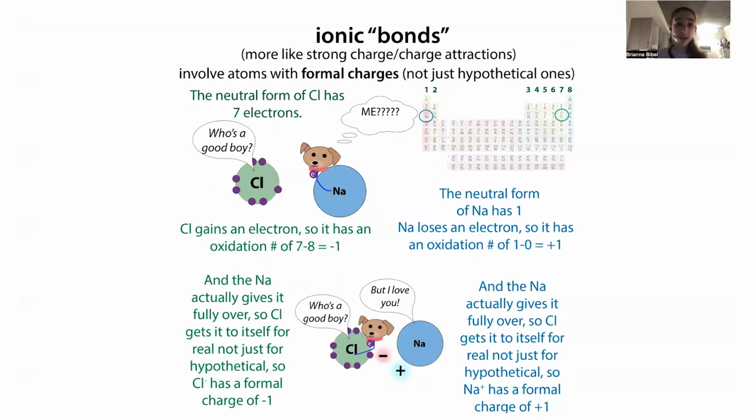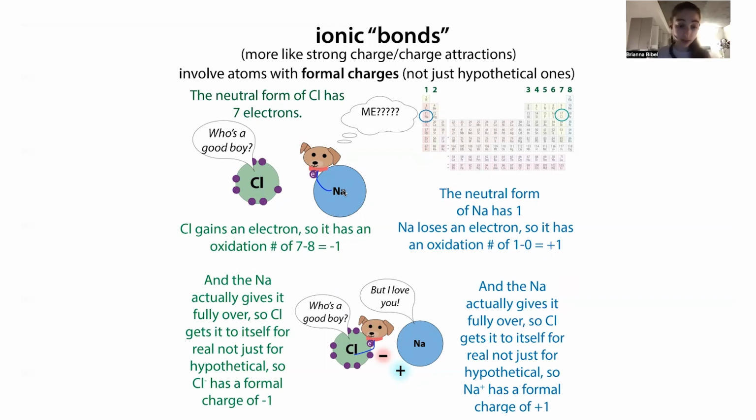This is what we see with sodium chloride. The chlorine is better at wooing the electron, and it can actually take that extra electron from the sodium. And then they both win because this leaves them both with an octet.